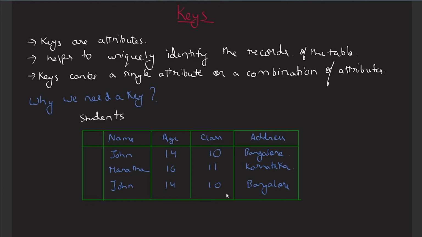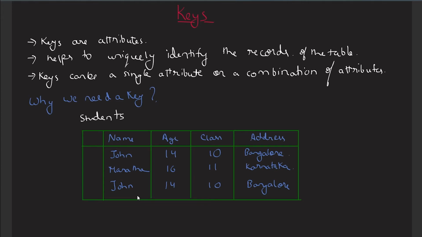These two students are different, but because the information is the same, we get only one result in the output table. So there comes the importance of the key. If we include something like a key that will uniquely identify the first John and the second John, we can identify which student's information we want to access.